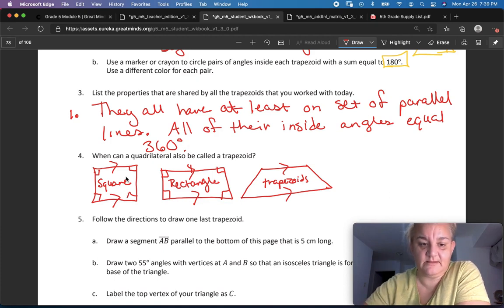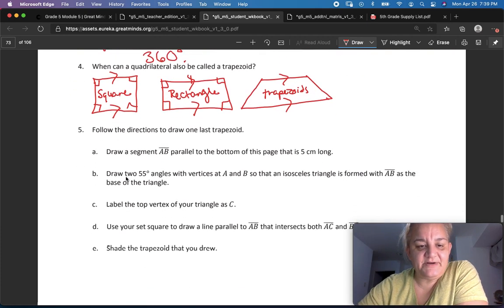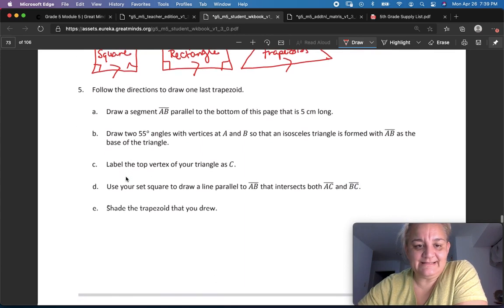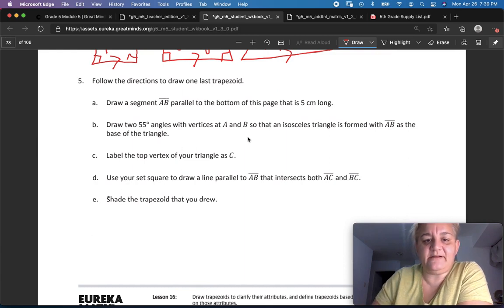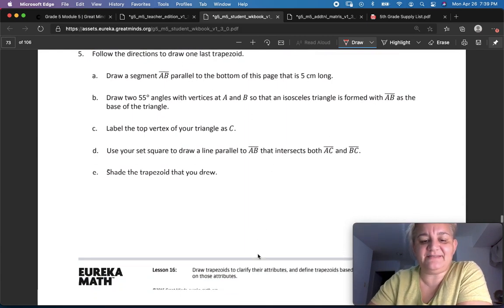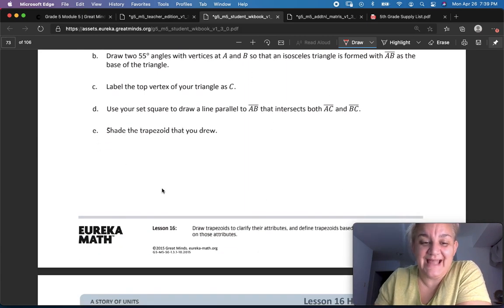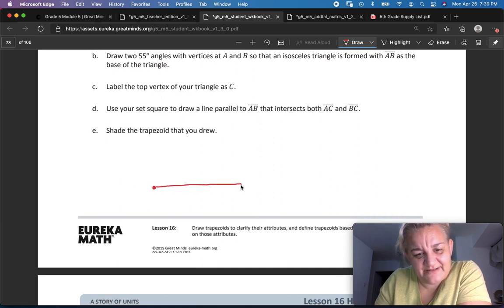Okay? Follow the directions to draw one last trapezoid. Draw a segment AB parallel to the bottom of this page that is 5 centimeters long. Please get out your rulers and measure 5 centimeters, please. We're going to call that 5 centimeters.